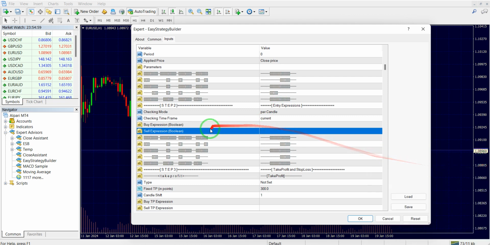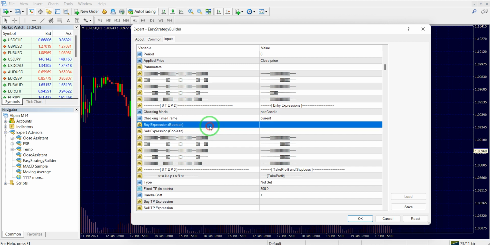So for buy and sell, you need to set the conditions. So here you need to write expressions. You can consider an expression something like what you have in Microsoft Excel. You can write some sort of equation or formula or anything, and that works like an expression.